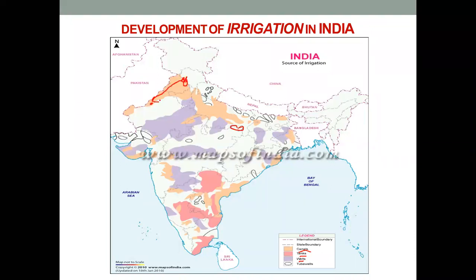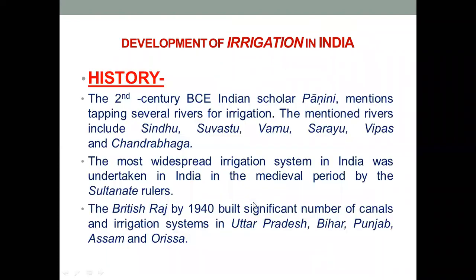It is going along the border we have with Pakistan, okay. So there the canal irrigation system is there, and through that canal the surrounding area is being provided with irrigation water, okay. So in the next slide, we'll just see the history of development of irrigation in India, okay.